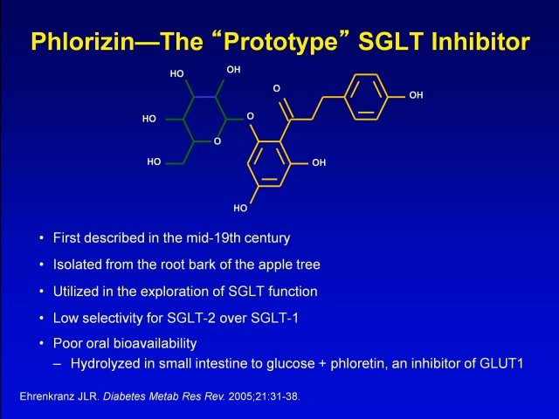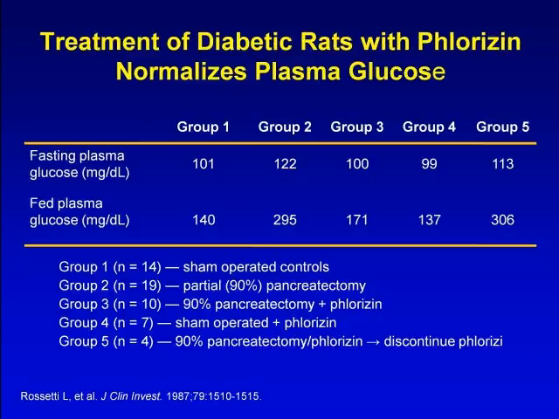It has low selectivity for SGLT-2, which is the one we are most concerned about, over SGLT-1, and therefore it would have GI side effects. The other problem is poor bioavailability, because it's hydrolyzed in the intestine. That's why it's a good model to test cells, but not a good drug to be used in a human. There were a couple of experiments done in animal models.